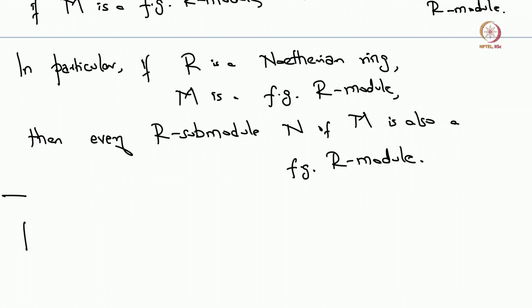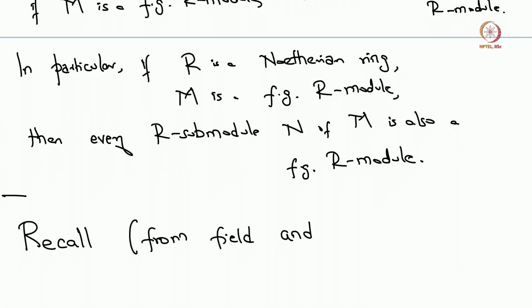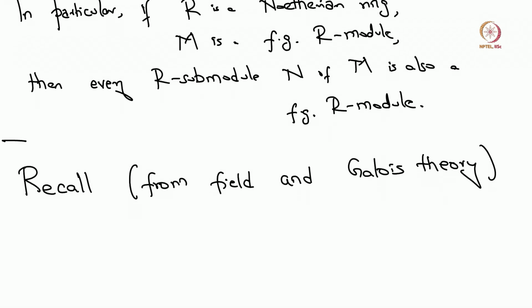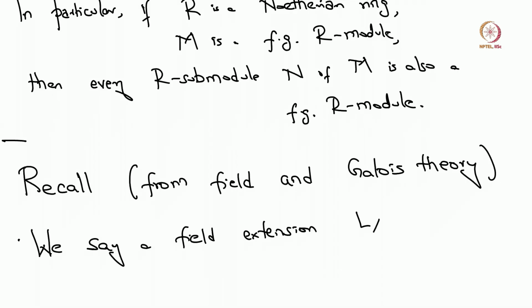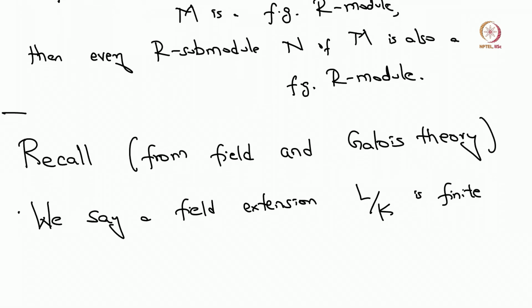The next reminder is from field and Galois theory. Again, so if you have a field extension, say L over K, so you have an inclusion of K into L, that turns L into a vector space over K. So we say that this field extension is finite if as a vector space over K, L is finite dimensional.